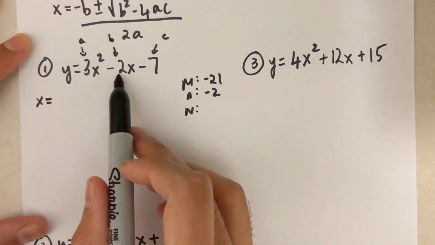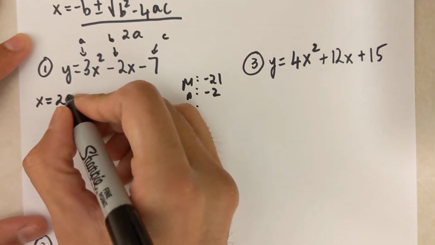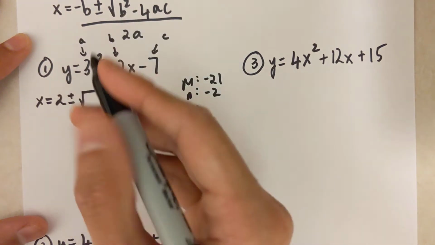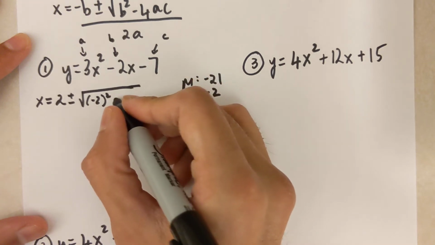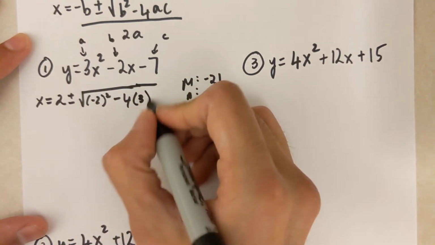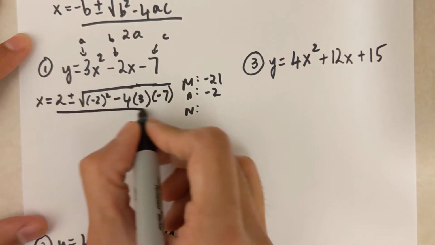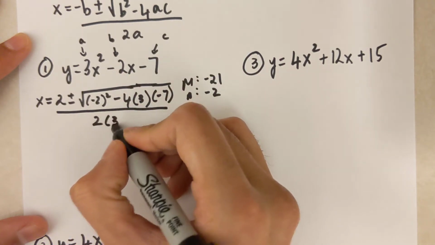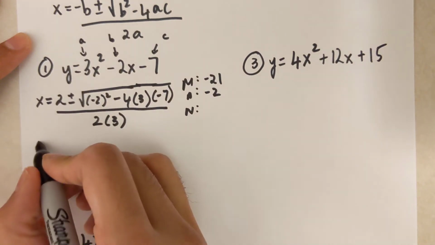My b is negative 2, so negative of negative 2 is positive 2 plus or minus b square, so that's negative 2 square, minus 4 times a, which is 3, times c, which is negative 7, divided by 2 times my a value, which is 3.